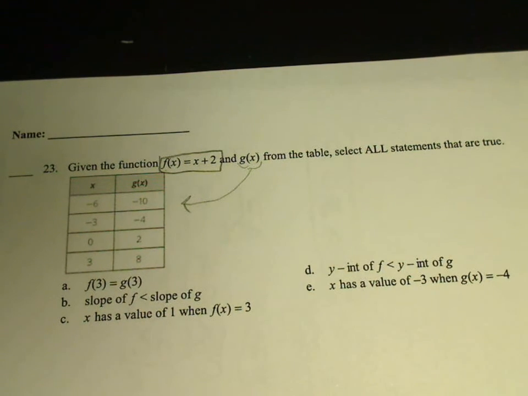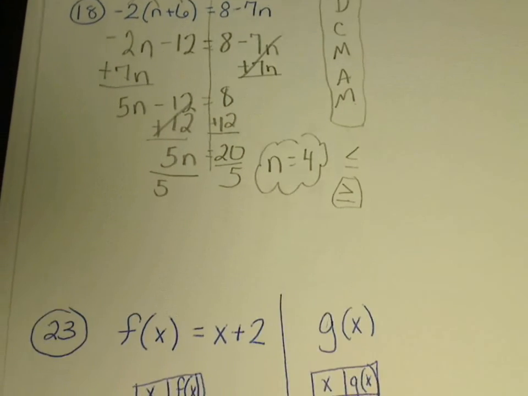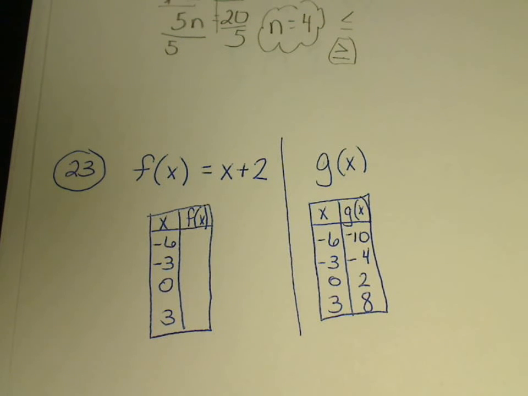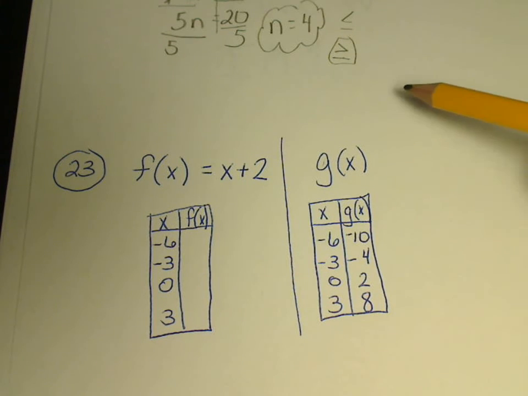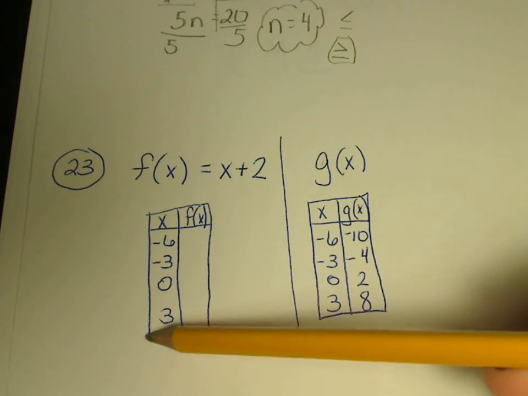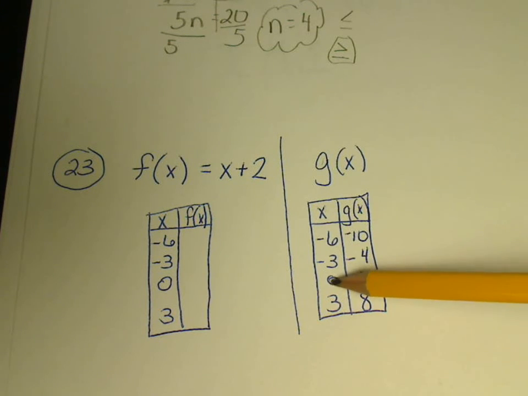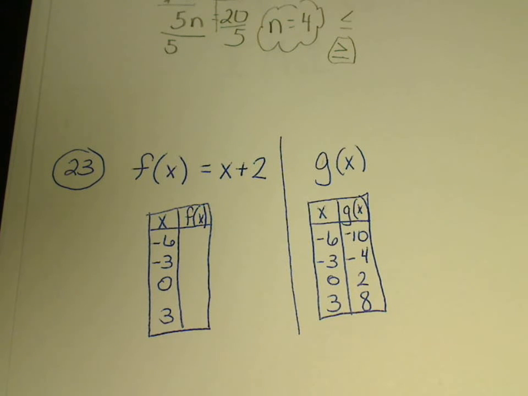So what I'm going to do on my scratch paper is make them both a table. This table we already have. I just copied that down from the paper. I then made a table here and for the x values, I took these x values and put the same ones here.